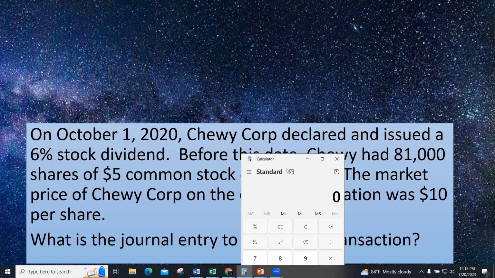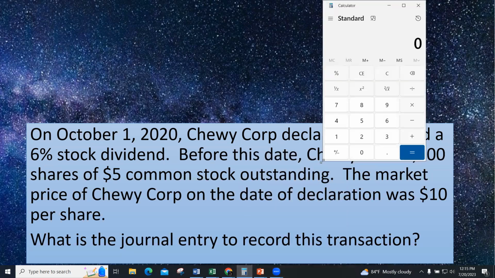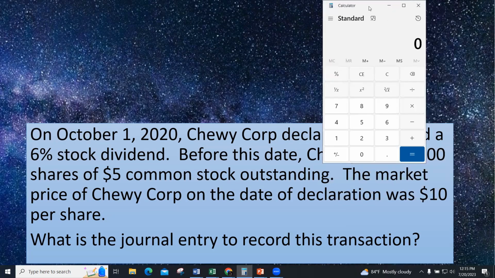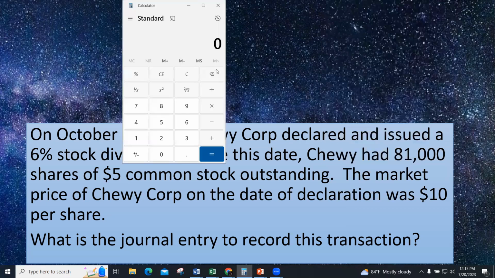So it tells us that the par value of the common stock is $5. And we have 81,000 shares. Well, that's not what I was trying to do. I'm trying to get this out of the way here. So we have 81,000 shares times the $5 par times the 6%, because that is the stock dividend that they're issuing.